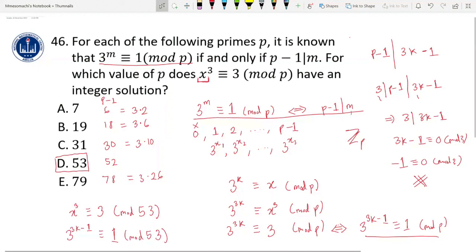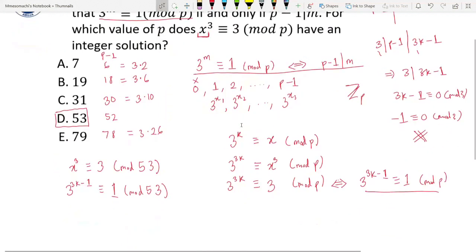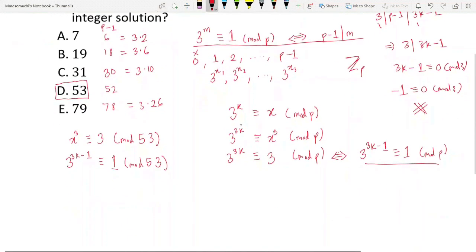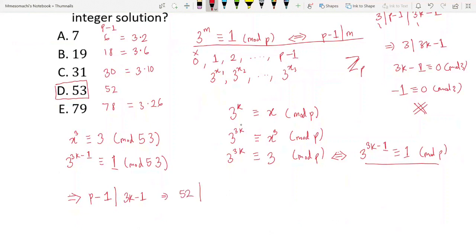We've gotten an answer, but I want to get some integer solutions for it. From the problem, it implies that P minus 1 divides 3k minus 1, so we have 52 divides 3k minus 1.